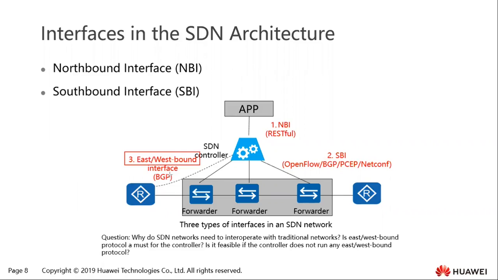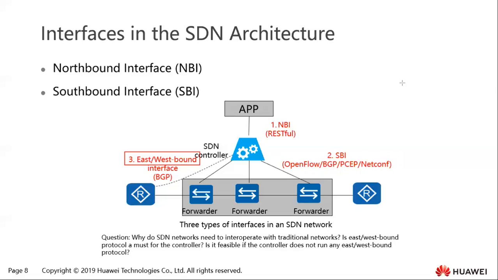Then lastly, we have the east-west bound interface. Every SDN controller must have this particular interface. It enables the SDN controller to provide new services through simple modification or upgrade of the controller programs. East-west bound protocols also provide interfaces for cross-regional SDN controller interconnection and hierarchical controller deployment.